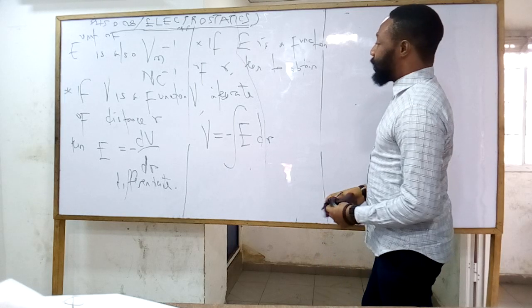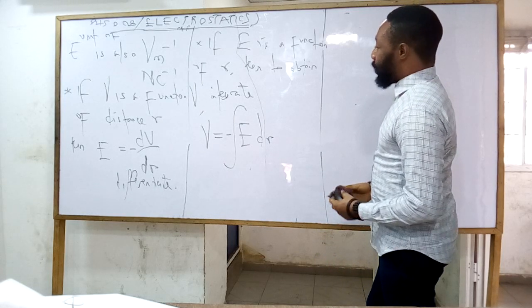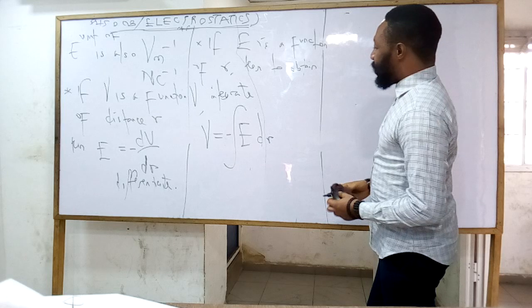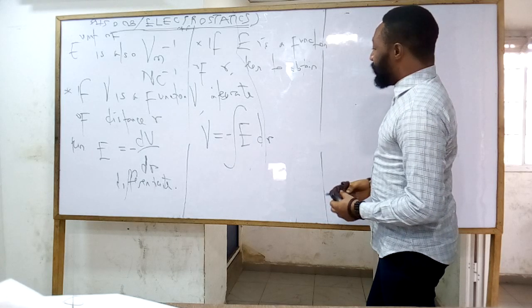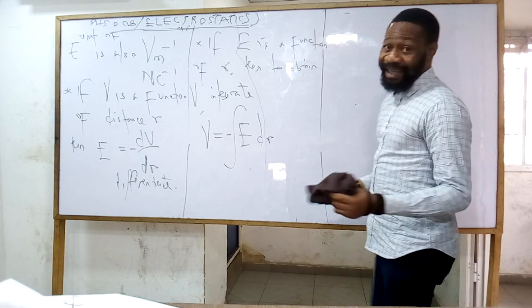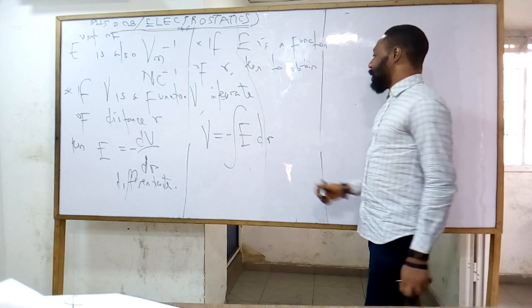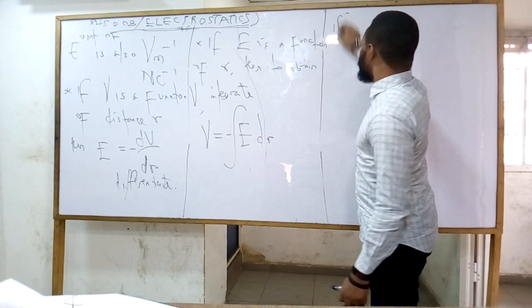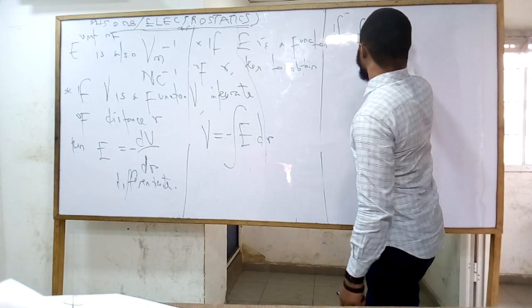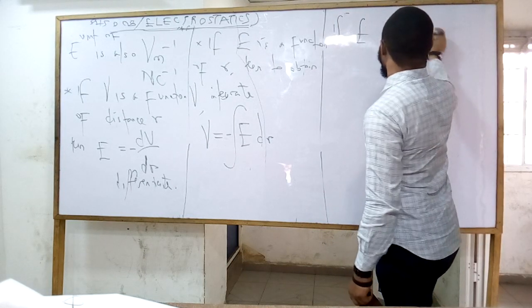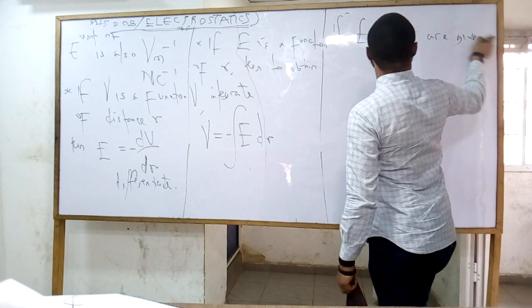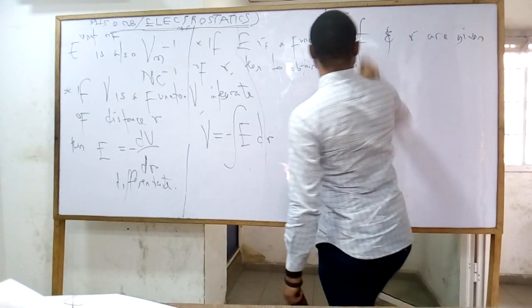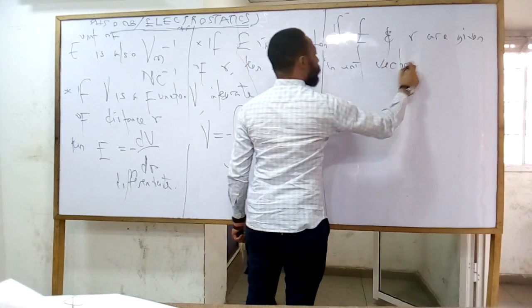Another aspect I can take you to, don't forget that V is said to be scalar, and E and R are vectors. So imagine if E and R are given in unit vector notation. You know what that means, unit vector notation?